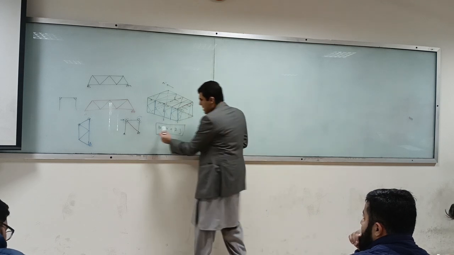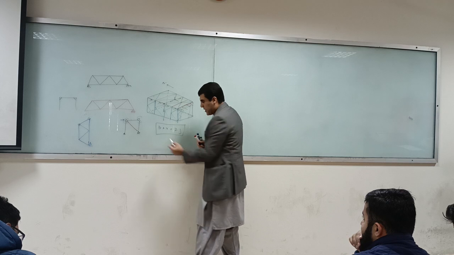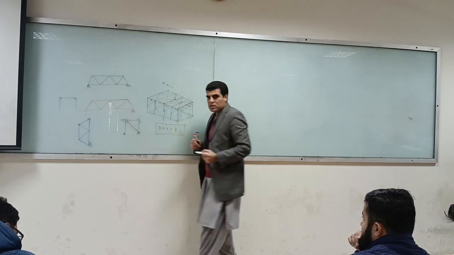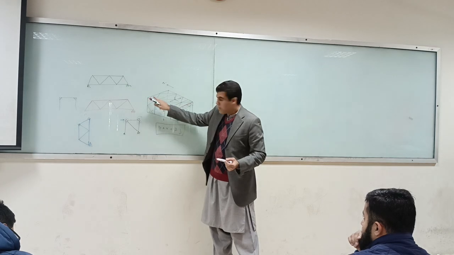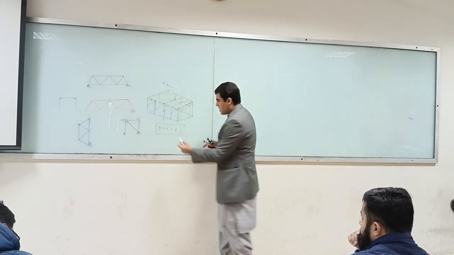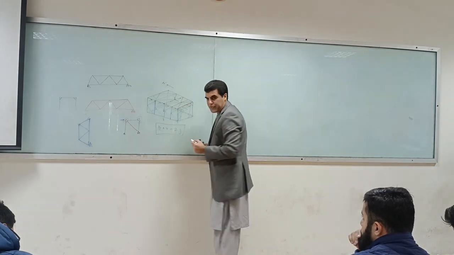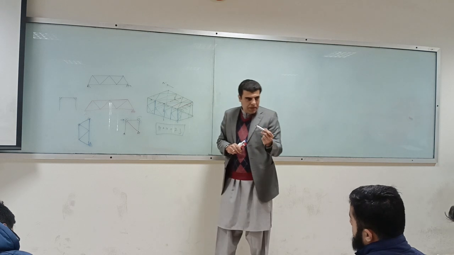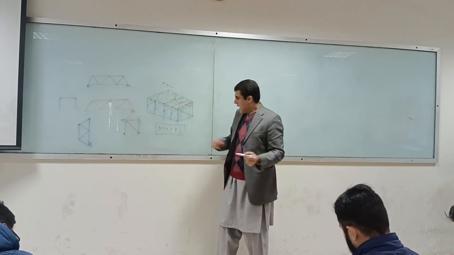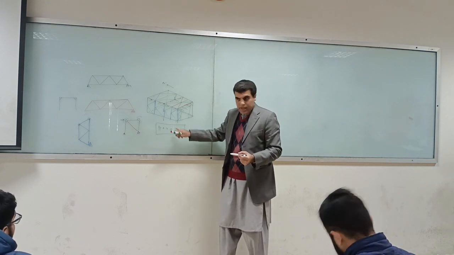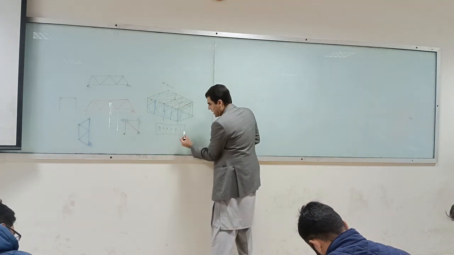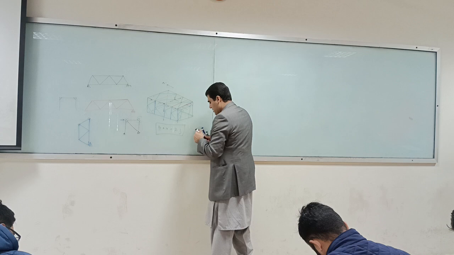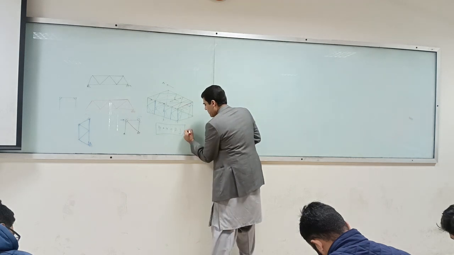What do we mean by B plus R is equal to 2J? B is your bars. How many bars are there? These are the bars. R is the reactions. How many reactions? Bars plus reactions is equal to 2 times the joints. If this is equal, then we have a determinate structure.